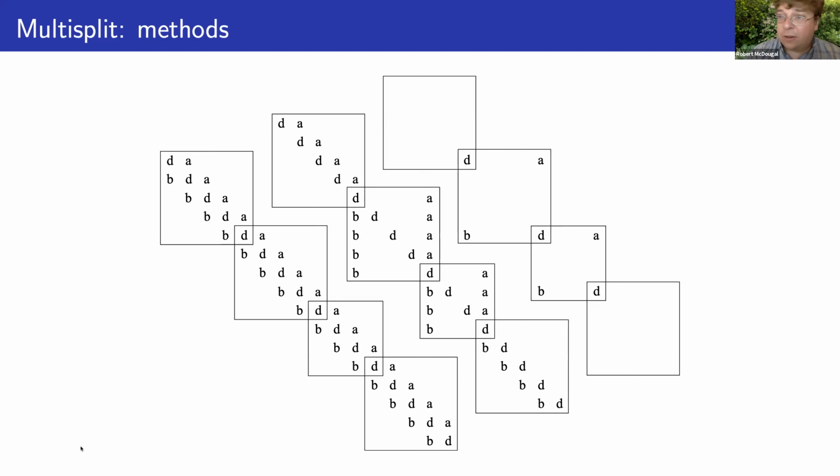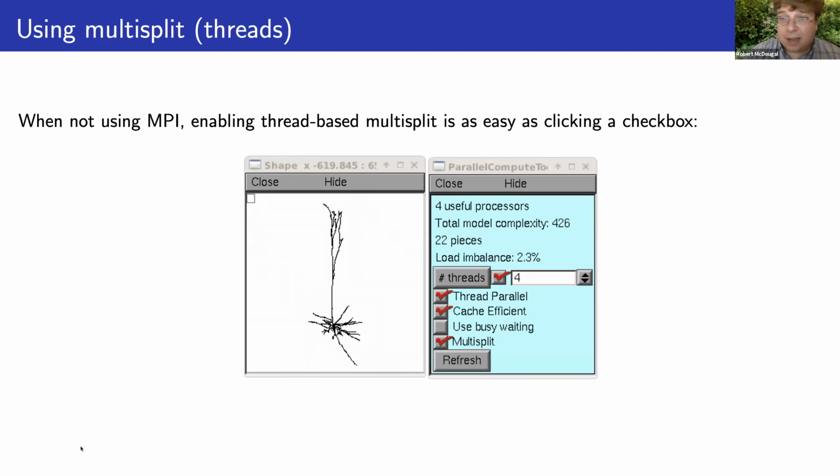But if you're using the graphical interface and you just want to use threads, you can actually pull up what's known as the Parallel Compute Toolbox. You can look for it in the menus. And so you can click, I think it's refresh, and it'll calculate an estimate of the number of processors that you have.